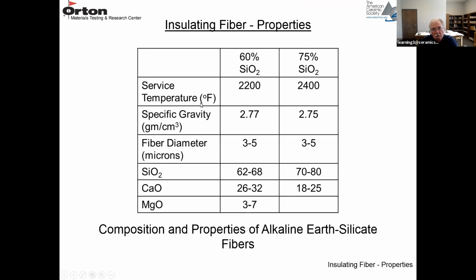These are the surface temperatures in degrees F, 2200 and 2400. The specific gravities are about 2.7 grams per cubic centimeter, with 3 to 5 micron diameter fibers. The silica content corresponds to these two levels. Now the balance is CaO and MgO. So those are alkaline earth silicate fibers. Again, safer fibers, but lower use temperatures.